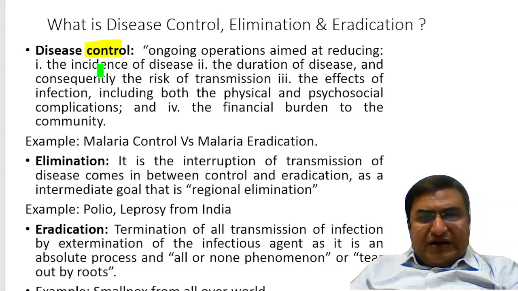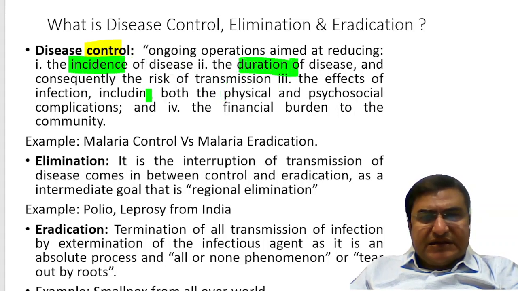It is an ongoing operation aimed at reducing, first of all, the incidence of disease. Second, the duration of the disease. Third, the effects of infection, which can be both physical or psychological complications. And fourth, reduction of the financial burden to the community.